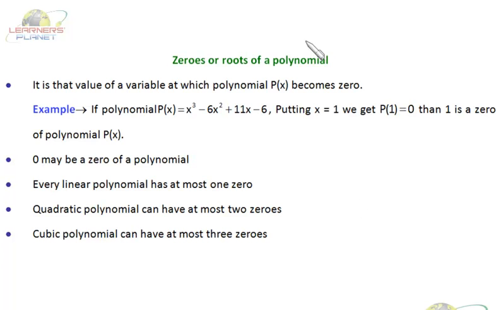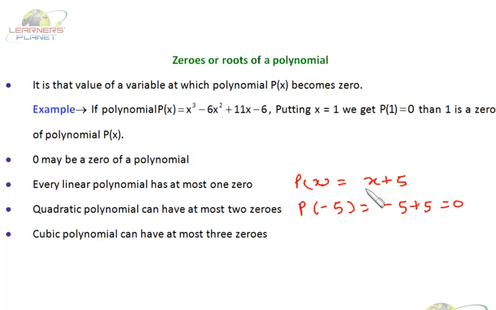Suppose I have a linear polynomial, maybe p(x) is equal to x plus 5. Now if I put x equal to minus 5, I'll get the value as 0. That means minus 5 is a zero of this linear polynomial.